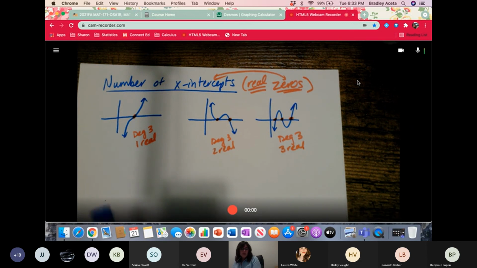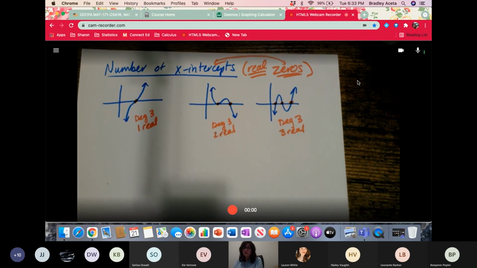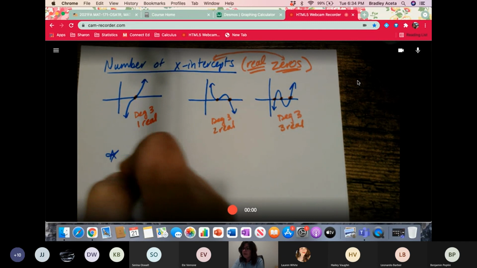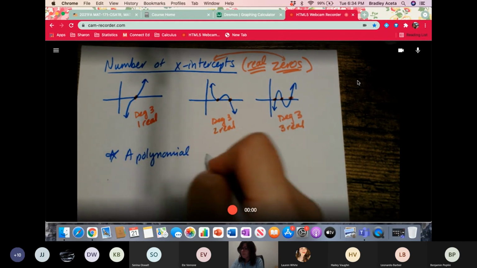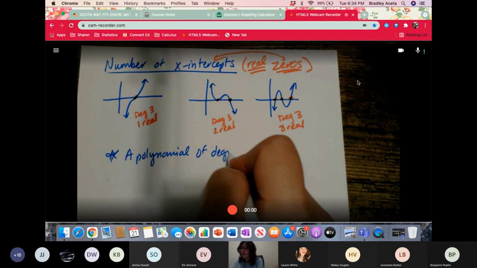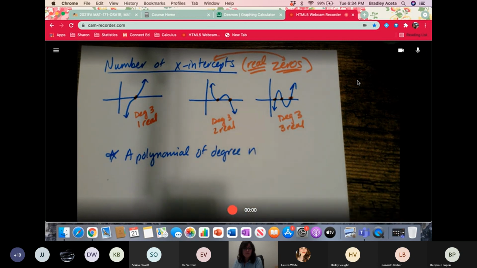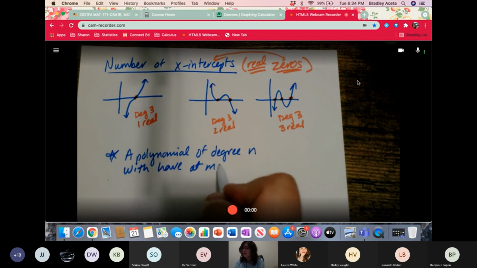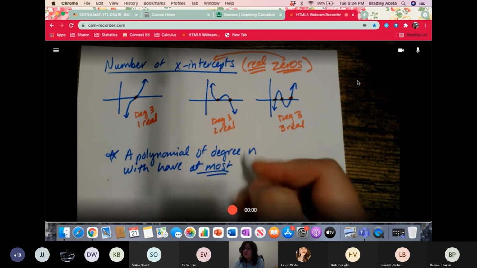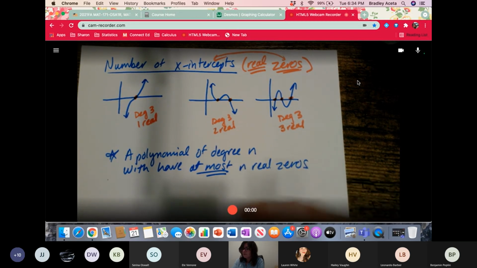So what does that mean for us? Well, here's the idea behind that. A polynomial of degree n, let's say, will have at most, there's that most again, n real zeros.